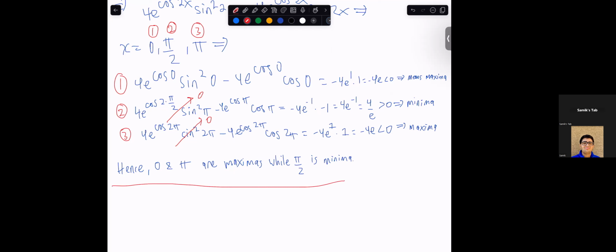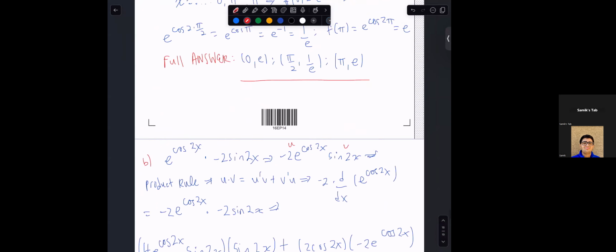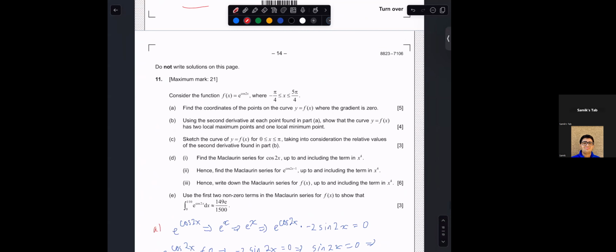So this is our final answer. And that's it for part B of question 11. So that's 4 marks. That should be good.